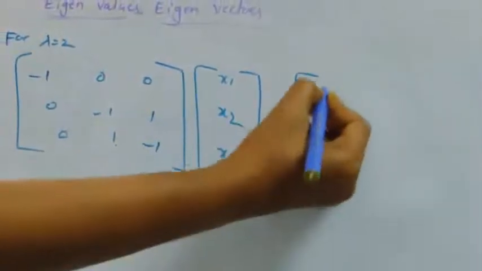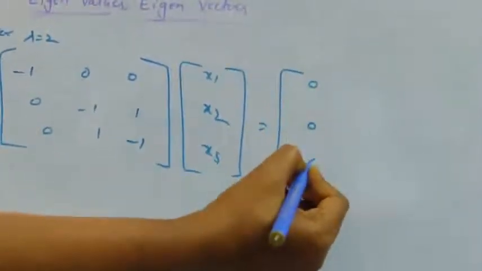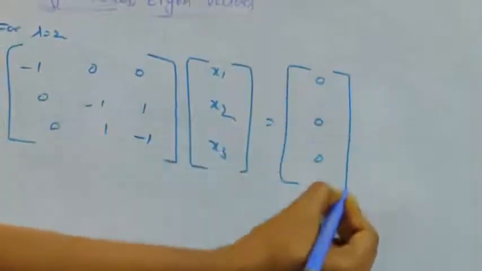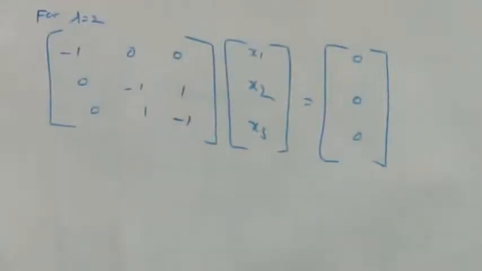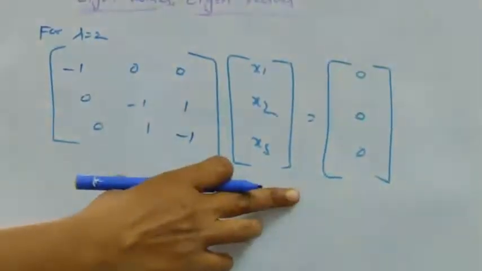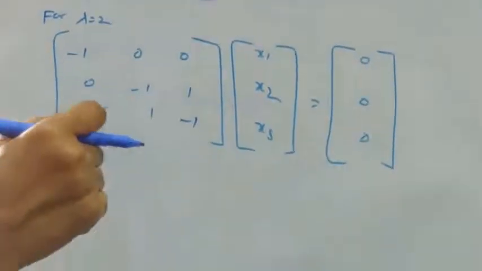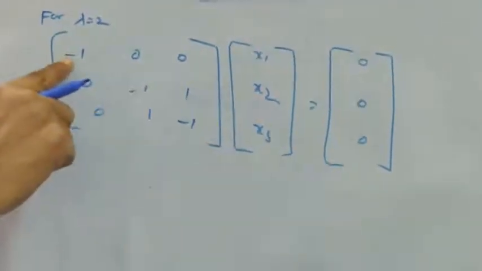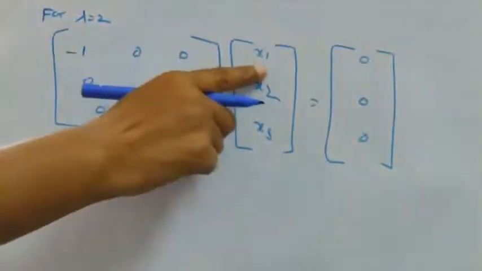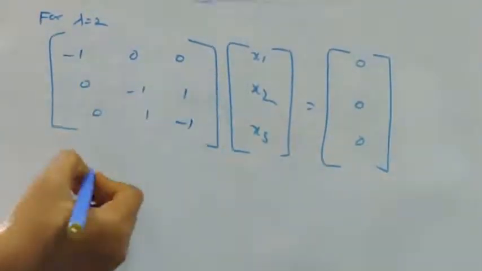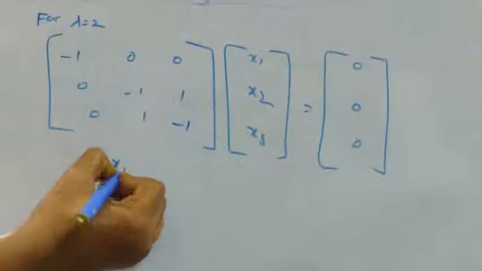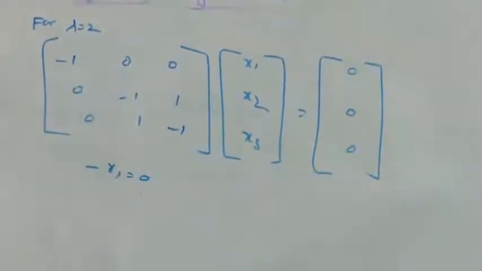So I am writing like this. Now by solving this equation, here minus 1 into x1, so what you will get? Minus x1 is equal to 0.